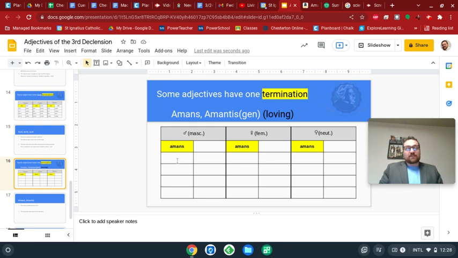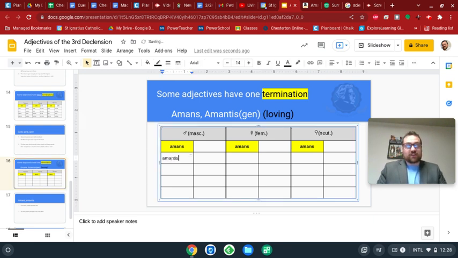So amans, amantis. What it's doing here in the second part of the dictionary form is giving you the genitive, kind of like dictionary forms for nouns do. So amans really is our one termination, and amantis is our genitive. So we're going to take amantis and put it down here. And amans shows up in all three spots.